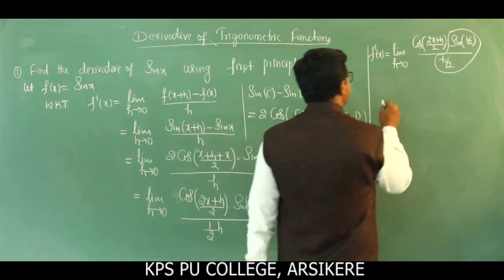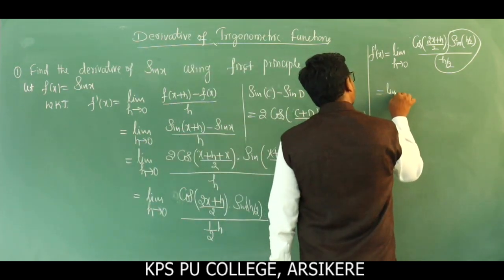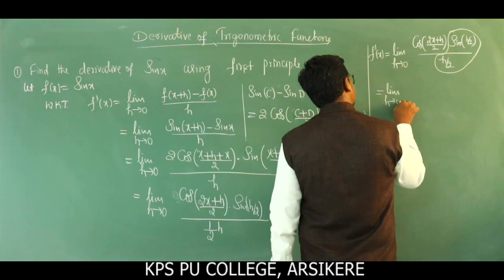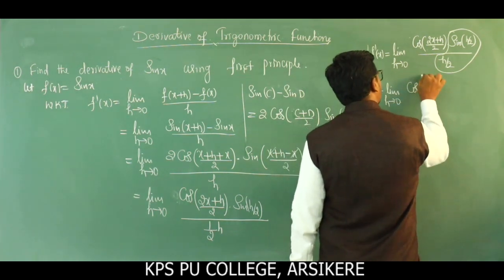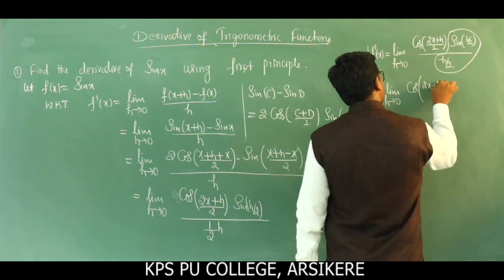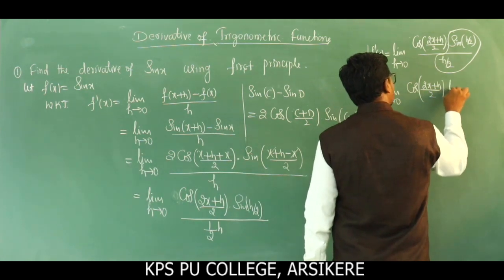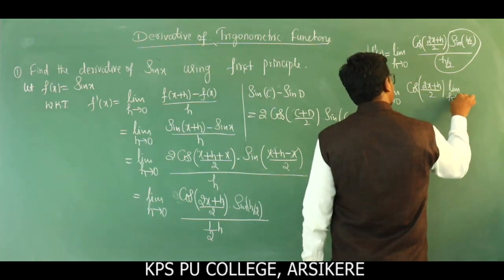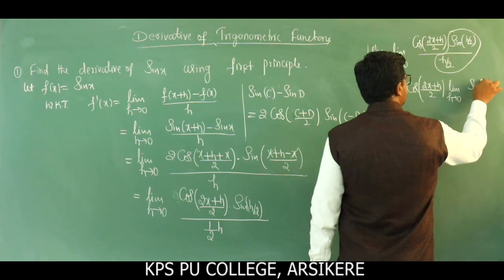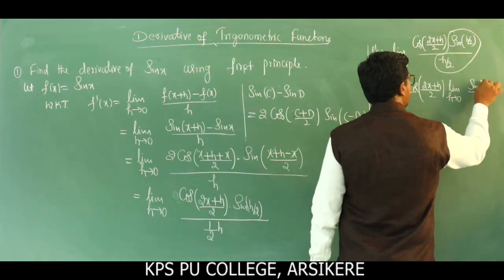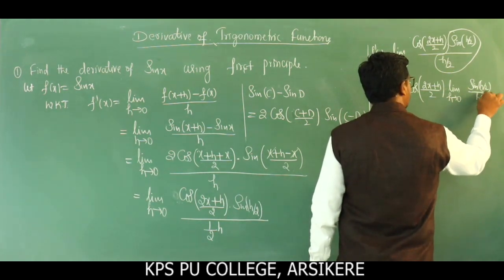So further, this can be written as limit as h approaches 0 of cos of 2x plus h divided by 2 into limit as h approaches 0 of sin of h by 2 divided by h by 2.